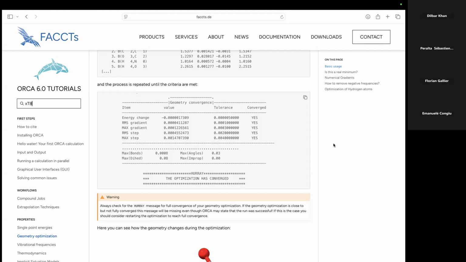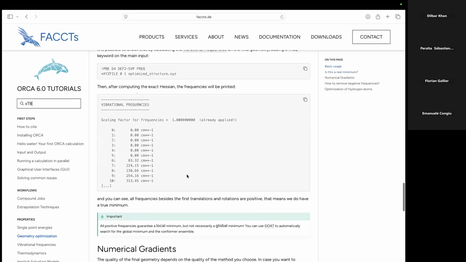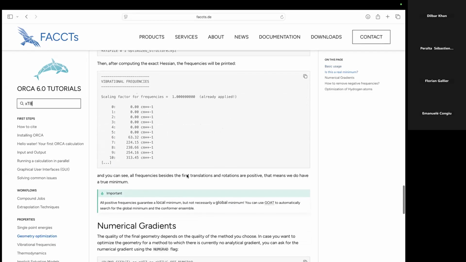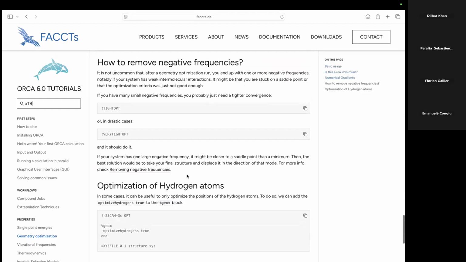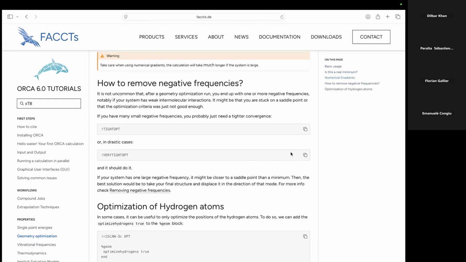In frequency calculation, is there any convergence criteria? No. The answer is no. Right. Okay. This is related to the optimization.